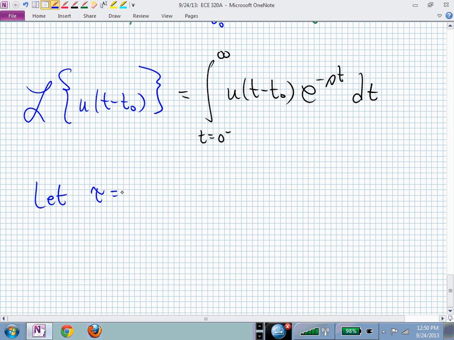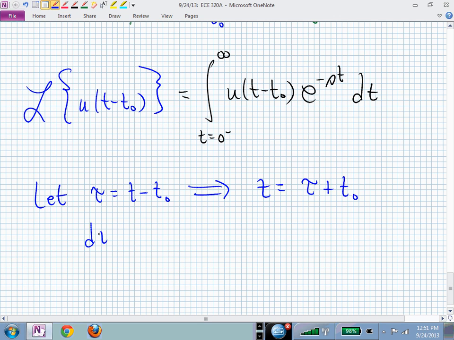I can do that by saying let tau be t minus t0. Let me introduce a change of variable. And then anywhere I see t, I need to rewrite that in terms of tau. That just means that everywhere I see a t in that integral expression, I'll replace it with tau plus t sub 0.